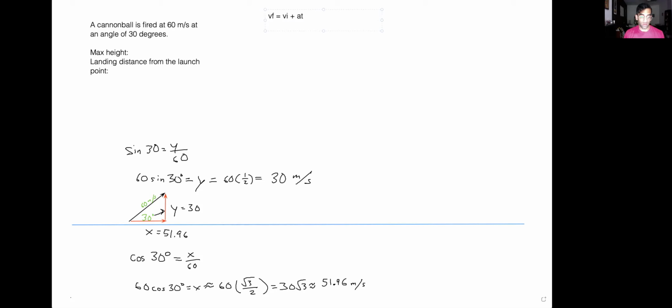I also know that distance can be expressed as my initial velocity times time plus 1/2 times acceleration times time squared.